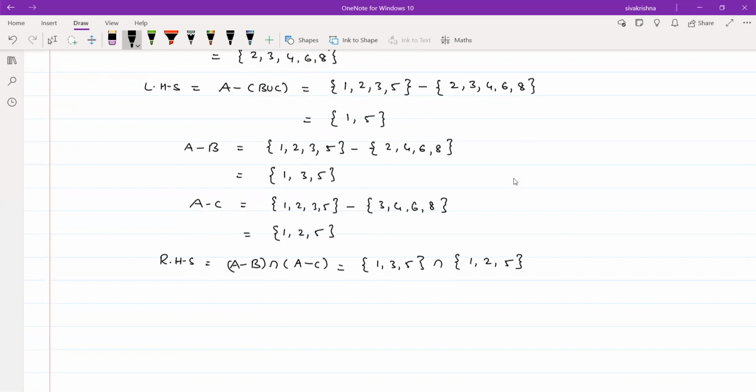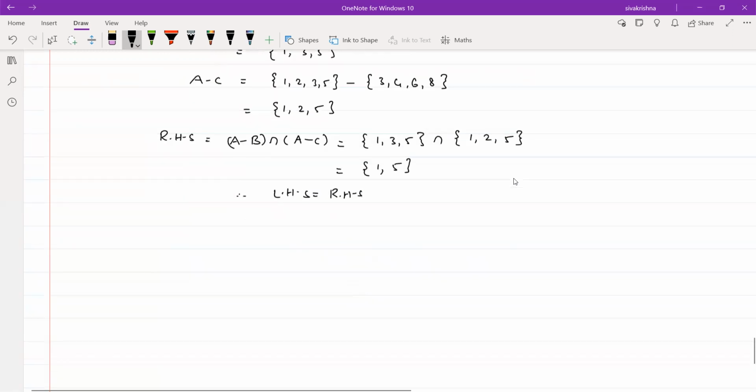We have already discussed that the intersection of two sets is nothing but we write only the elements which are common in both the sets. It means we write 1 comma 5. Only those elements are common in both the sets. Okay, 1 is common in both the sets, 5 is also common in both the sets. So this is the value of RHS. And for LHS we also have the same answer. It means we can say that LHS is equal to RHS.